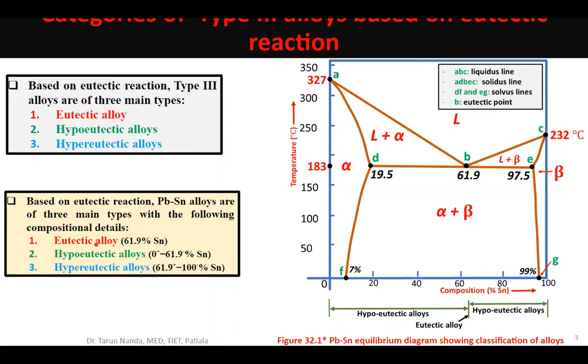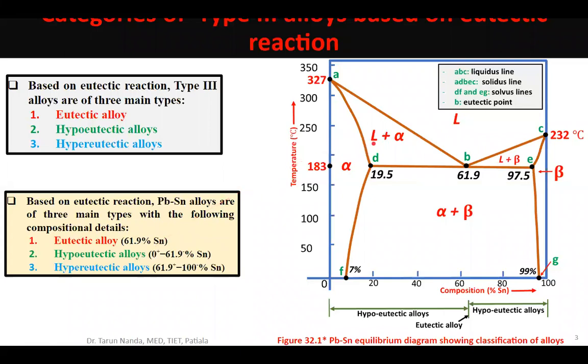And particularly if we talk in terms of the lead tin alloy series, the eutectic alloy is of eutectic composition 61.9% tin, remaining lead. All alloys to the right of it are called hypereutectic alloys, and all alloys to the left of this composition, which have less than 61.9% of tin in them, are the hypoeutectic alloy.